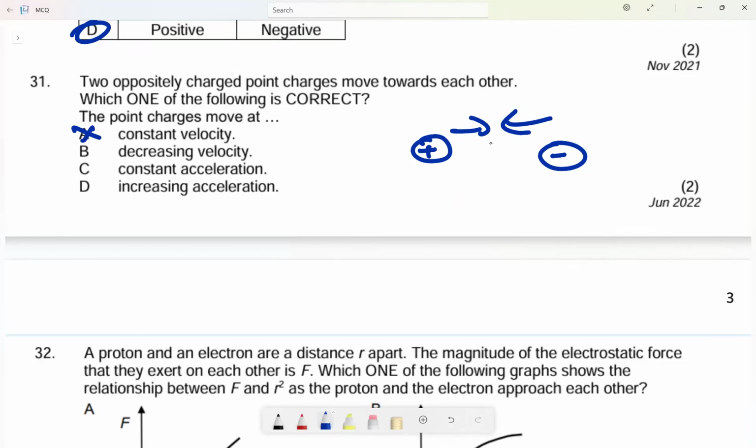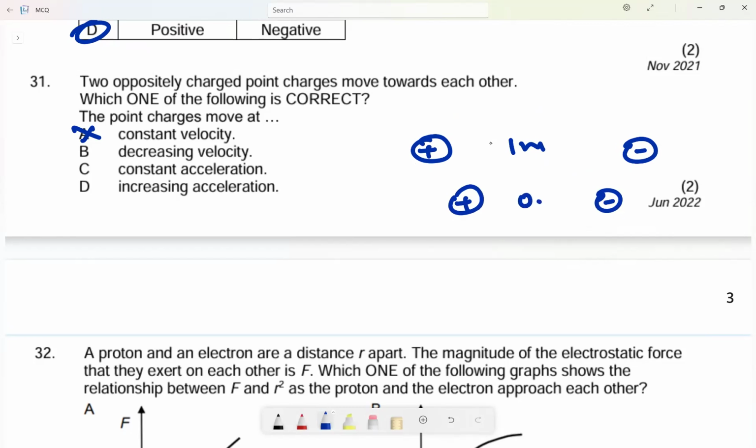Because they attract, the force between them becomes stronger. I want you to see it like this. Let's say the distance is 1 meter. As they move towards each other, the distance becomes maybe 0.5 meters. Now, what is happening here?